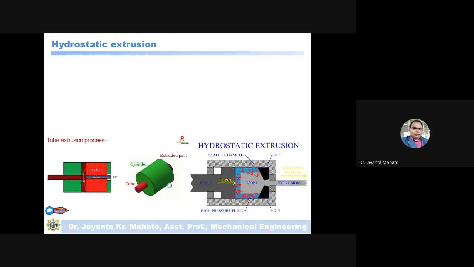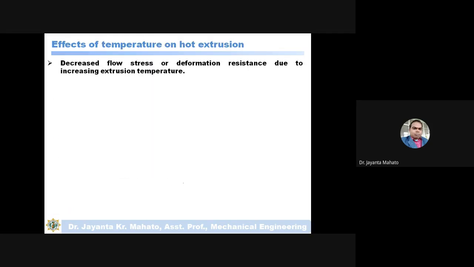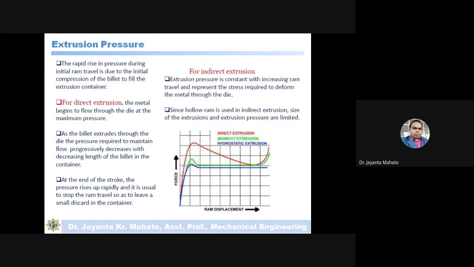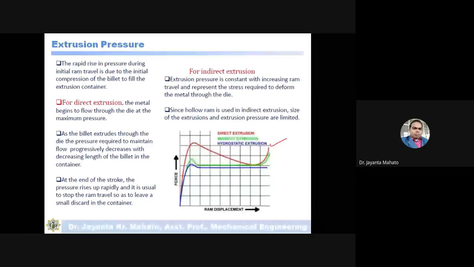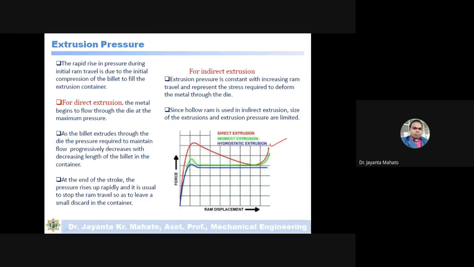Okay, so in this case, if you plot force versus ram displacement, the blue line is for the hydrostatic extrusion process. For all the cases, first the force increases rapidly.